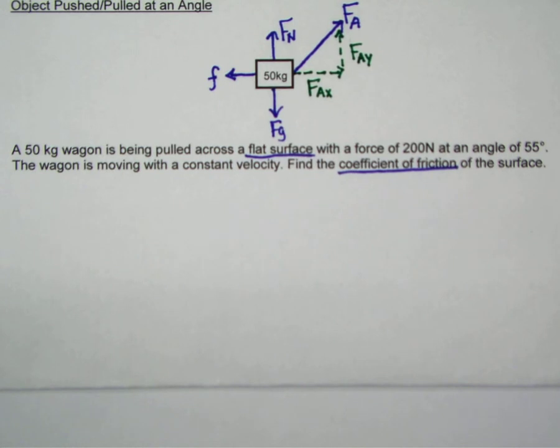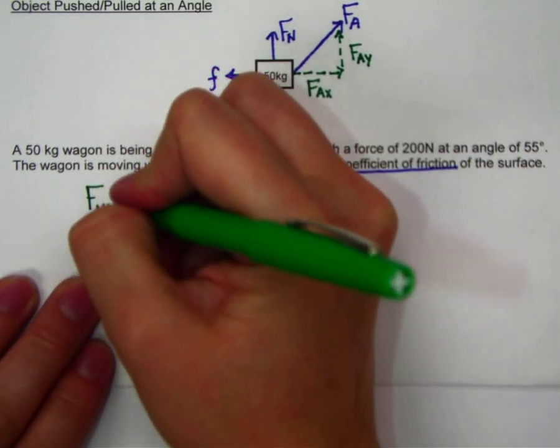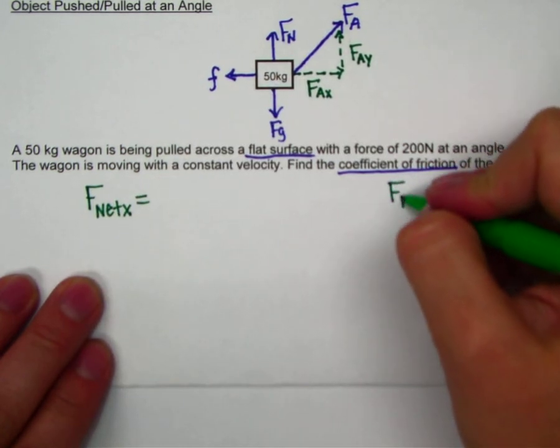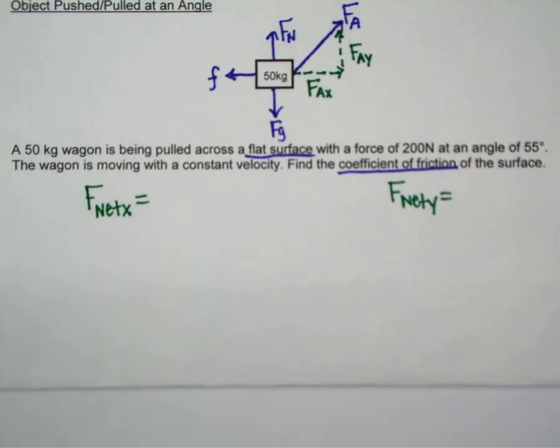So, now that we have our free body diagram drawn, we are going to write our net force equations. We have the x direction net force, and we have the y direction net force. We need to determine what type of motion is happening.